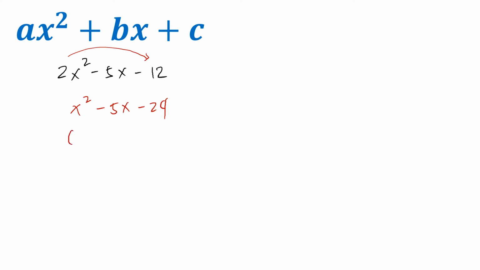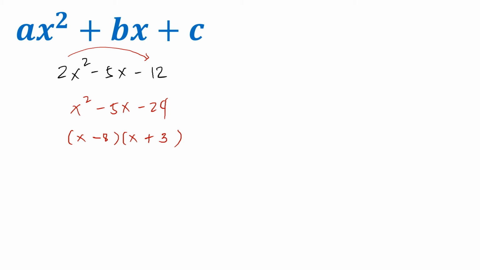So we have two binomials with x as the first term, then product negative 24, and the sum of the two numbers is negative 5. So a positive and a negative, the one with the greater absolute value is negative. And I'm thinking of negative 8 and positive 3. So we have x minus 8 times x plus 3.